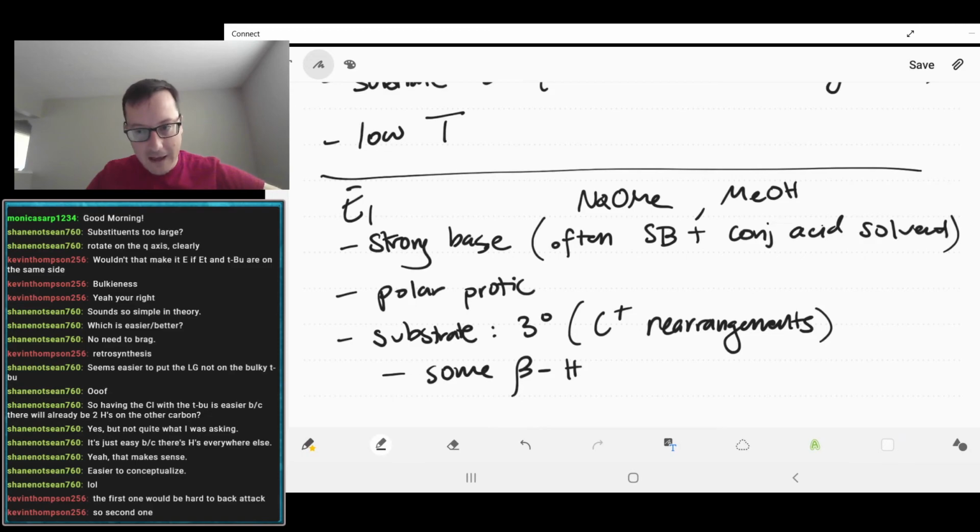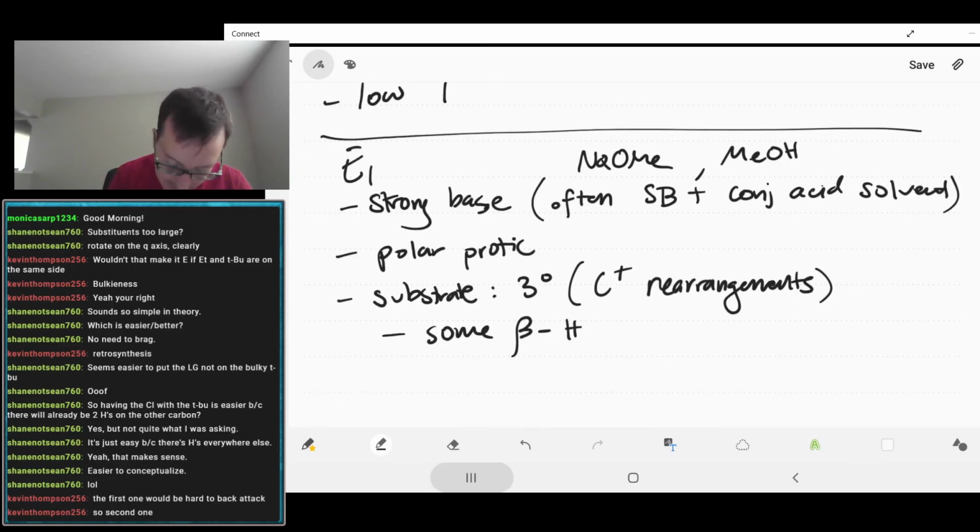But if it leaves and migrates, maybe you do have new beta hydrogens. So you have to have hydrogens beta to where your carbocation is. Just keep that in mind. And then the last thing, you typically want higher temperatures for eliminations. So that'll help guide it that way.